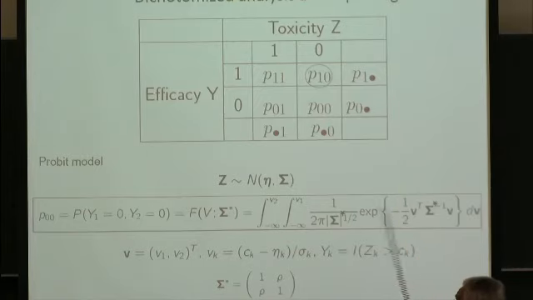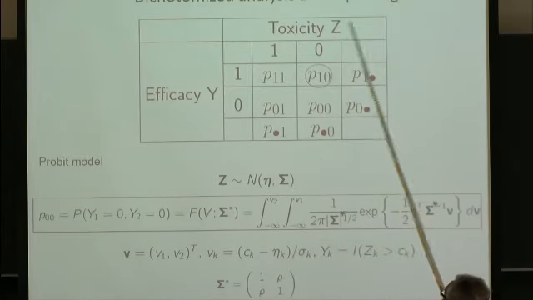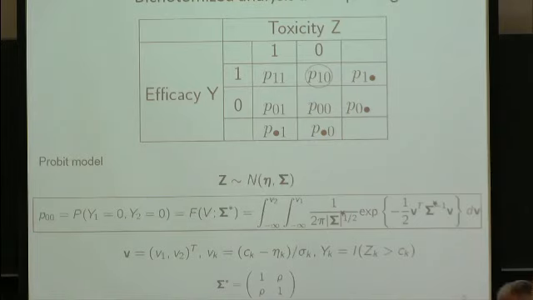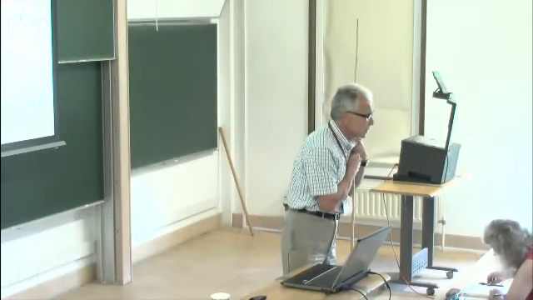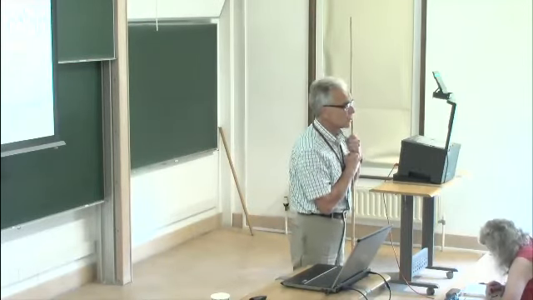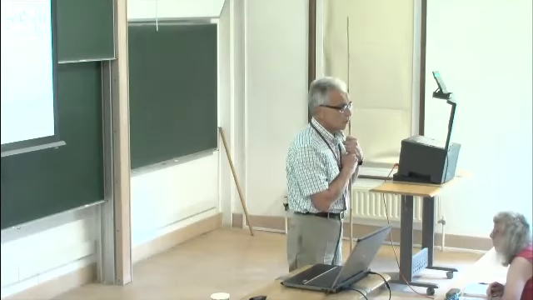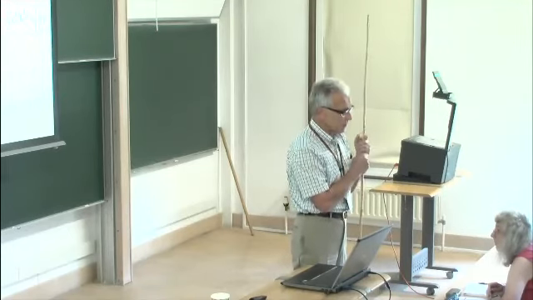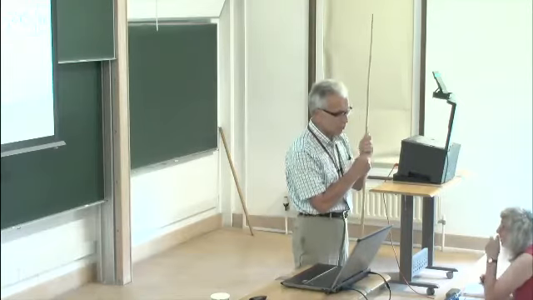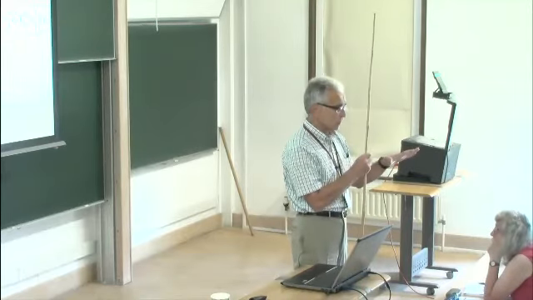That's why we try to introduce correlation between efficacy and toxicity in this binary approach. There are a lot of ways to introduce that, but I think the best and most natural way is to use a latent, or background, normal distribution.